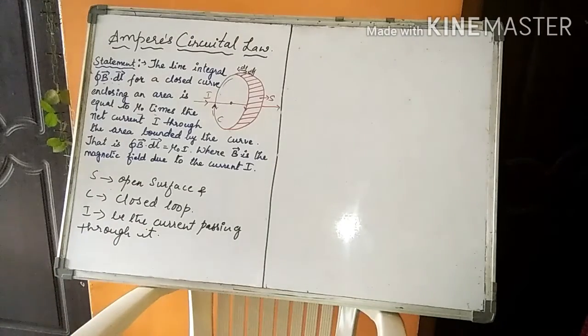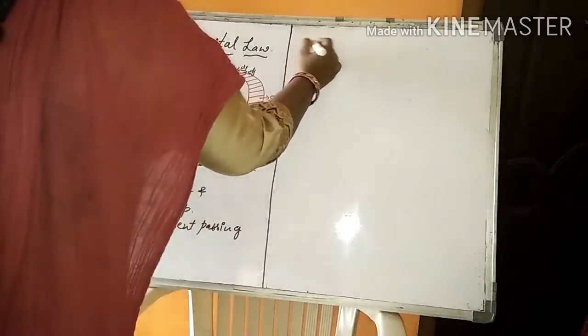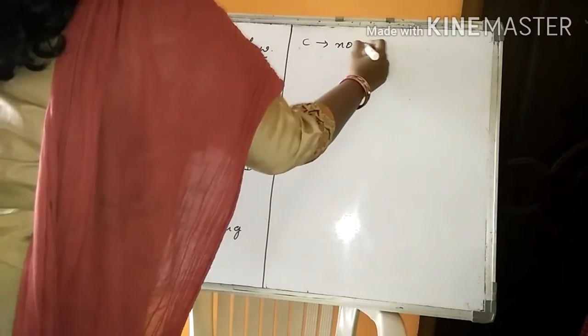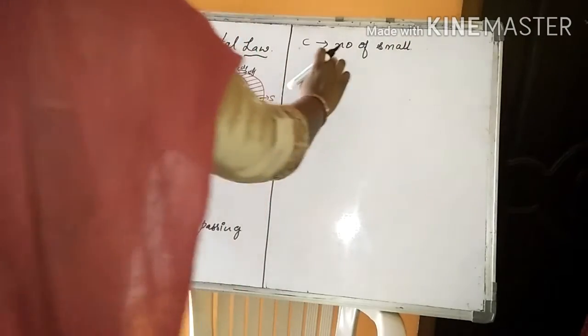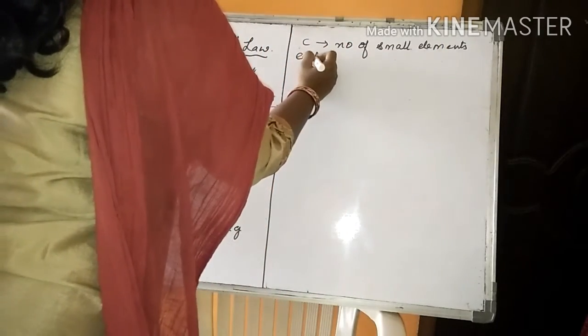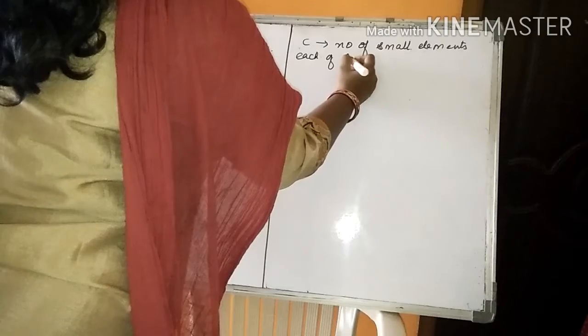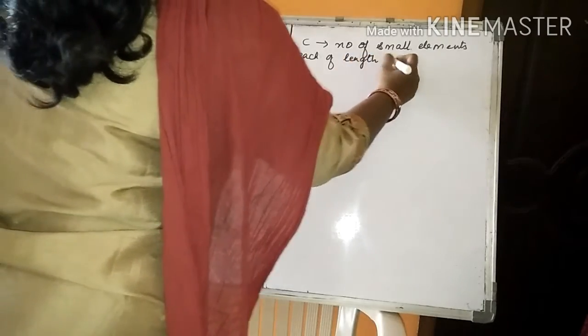Then the boundary C is made up of a number of small line elements, each of length dl.